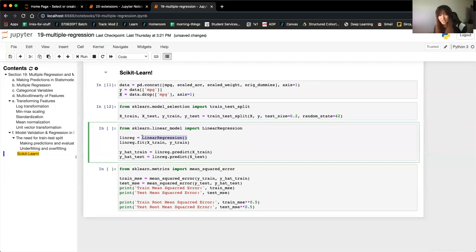What this second line does is it takes this empty linear regression model, linreg, and fits the model to the training data. So we're fitting it to X train and Y train. This line is doing all that calculation of what the best fit line is, of what the model is.